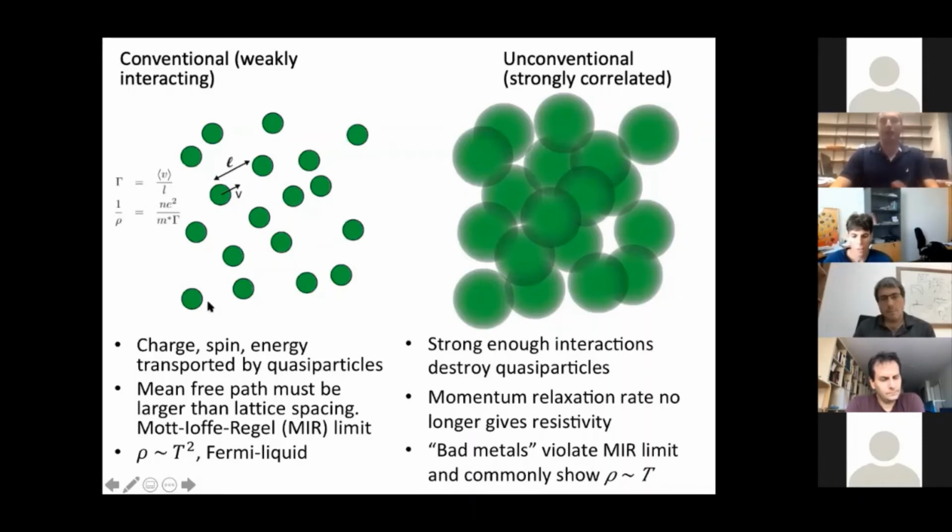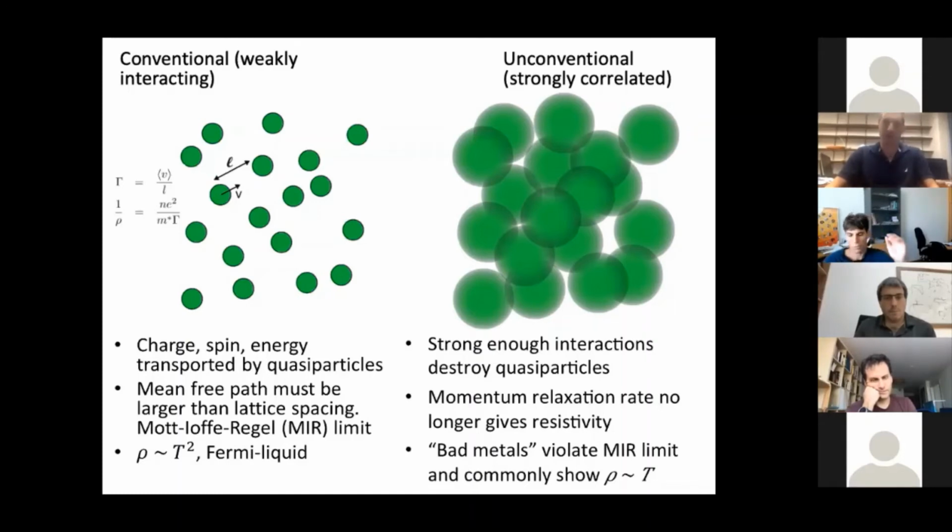And in this quasi-particle picture, there are various bounds one can put on these quantities. Imagine you heat up the system, so you're increasing the temperature. The mean free path will shrink, but eventually there's a minimal mean free path that one can sensibly talk about in this quasi-particle picture. You can't talk about a mean free path that's shorter than the interparticle spacing.